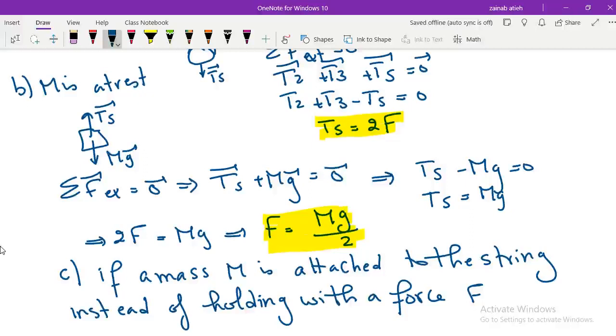In this case, find the acceleration. I will move down.